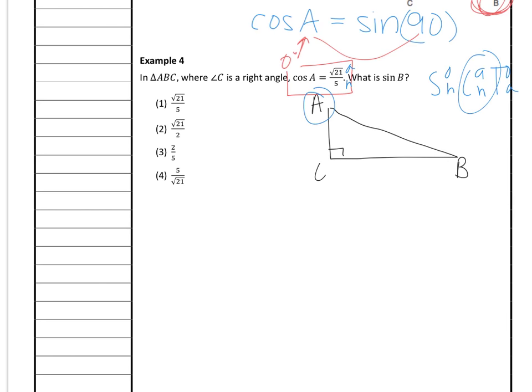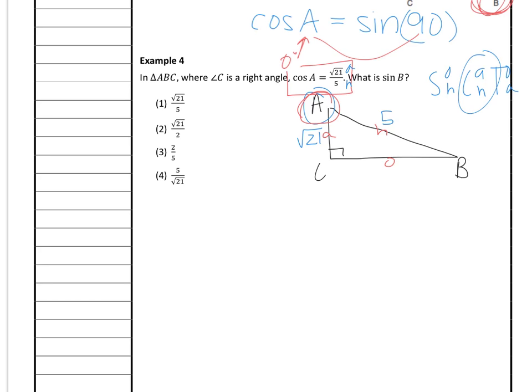So I'm going to circle angle A on my picture just so I can label the sides because it might help me figure this out. Cosine of A is equal to square root 21 over 5. Notice how I place them because this is my adjacent side, this is my hypotenuse, this is my opposite, based on angle A. So then it says, what is the sine of B?